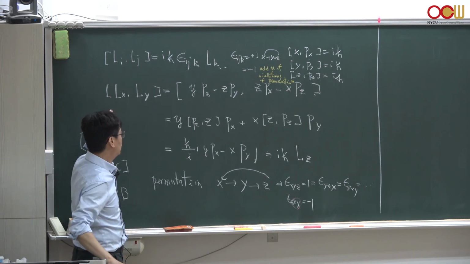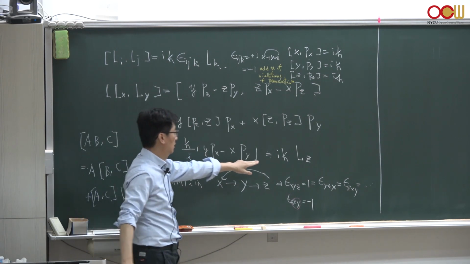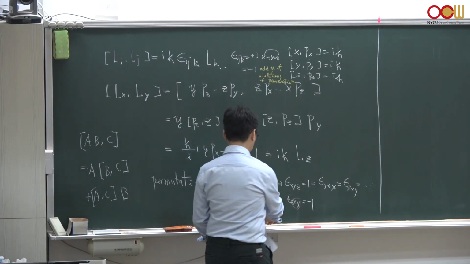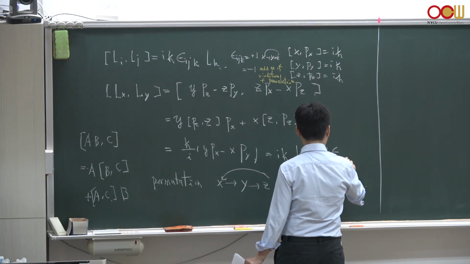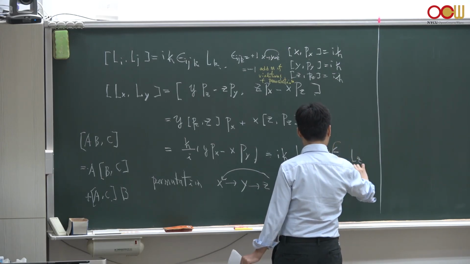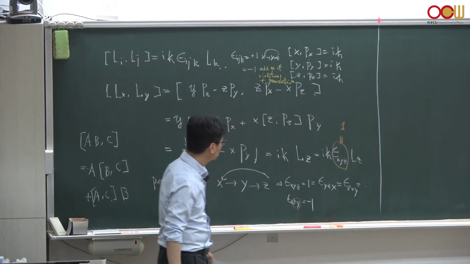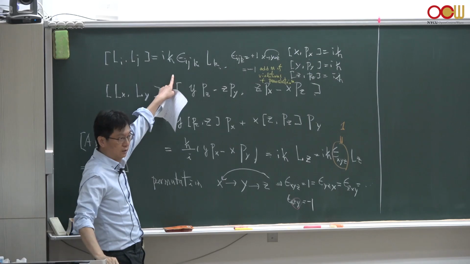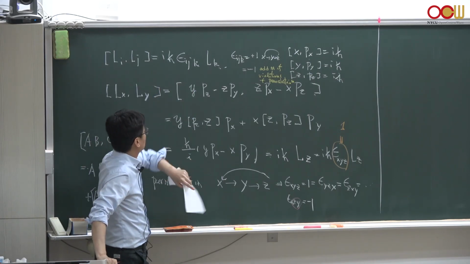And it is very easy to check that this commutator between Lx and Ly is actually i h bar times Lz, which means that this is nothing but i h bar epsilon xyz Lz, and this epsilon xyz is actually 1. Okay, so the epsilon ijk is a tensor of rank 3.